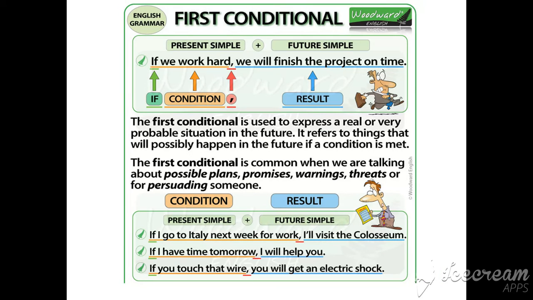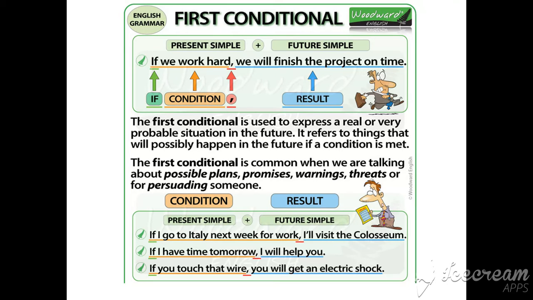The first conditional sentence deals with real conditions. It deals with real events which are possible in the present or possible in the future. Your if clause, the subordinate clause, is going to give us a condition. Depending on that condition, something in the future or something in the present can happen.